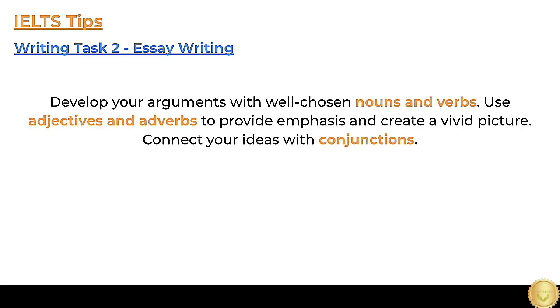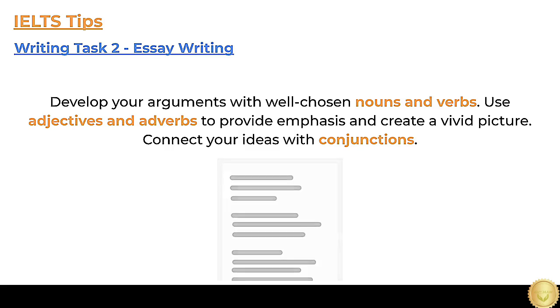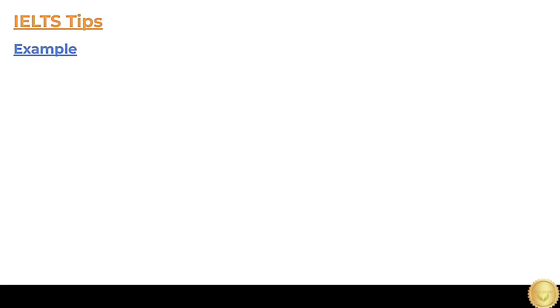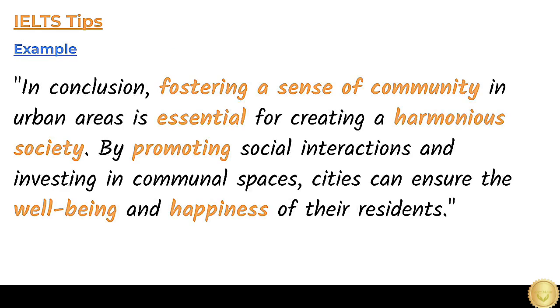Now, when we're thinking about our essays, we want to use everything that we've learned, our nouns, verbs, adjectives, adverbs, and connect them all with our conjunctions. Just as an example, you could say something like, in conclusion, fostering a sense of community in urban areas is essential for creating a harmonious society.